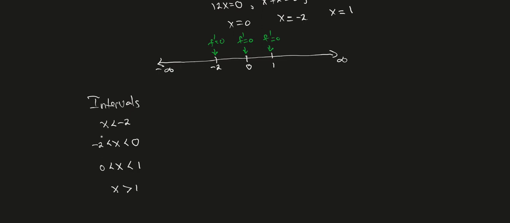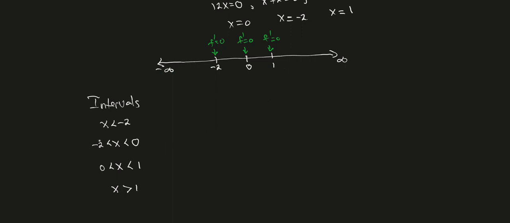These, x is less than negative 2 and x is greater than 1, are called unbounded intervals. In other words, there's no lower bound on this interval and there's no upper bound on this interval, just because our number line continues indefinitely, either in this direction or this direction.